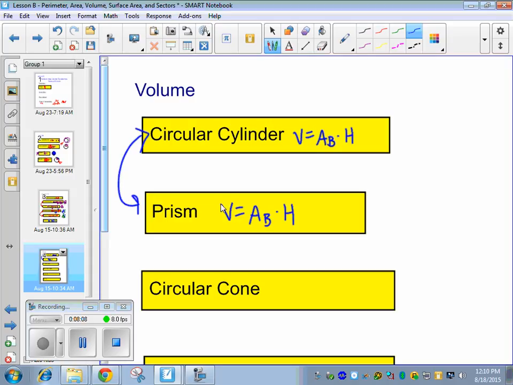But, of course, for the circular cylinder, the area of the base would be what? Pi r squared. Exactly. And the prism, it depends on whether this is a triangle, a square, whatever. We usually just do triangles and squares, but it could be any other shape.